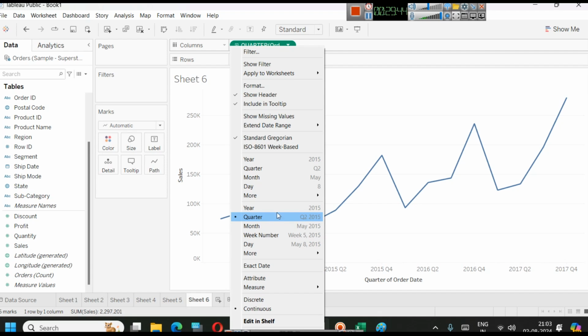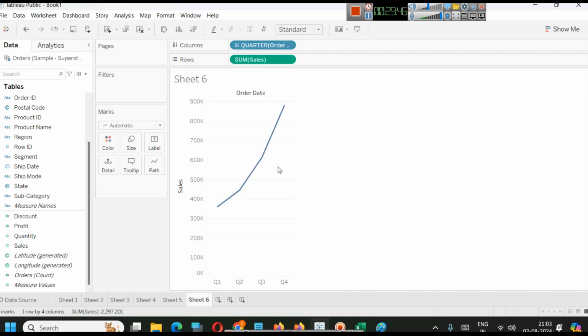When we have selected quarter as a dimension, then we have only 4 quarters, because in total there are only 4 quarters. Here we are not considering years. So it is summarizing the data, adding, for example, quarter one in all the years combined, quarter two in all the years combined.